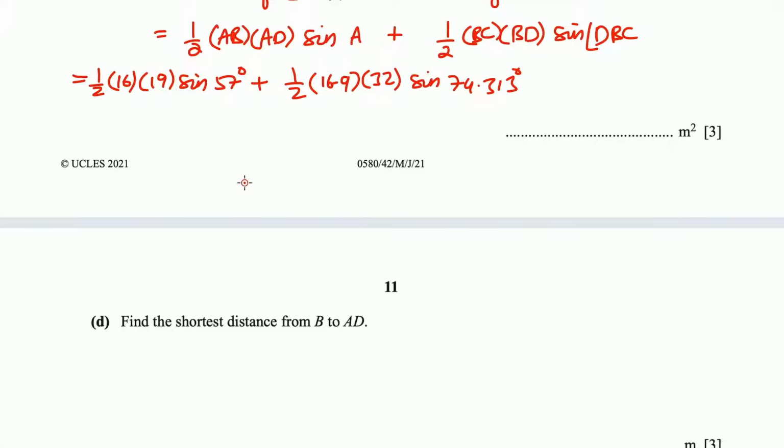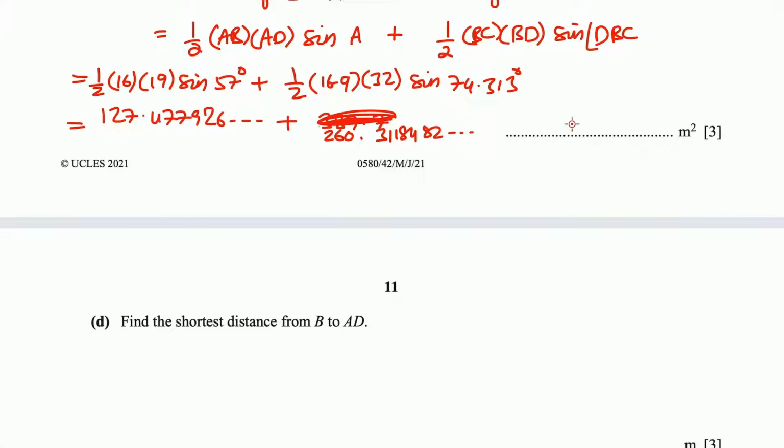If I calculate the entire value, the first term would be 127.4779 and so on, plus the second term would be equal to 260.31184 and so on.